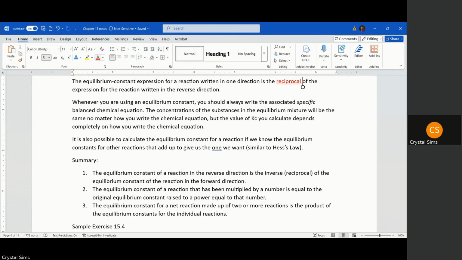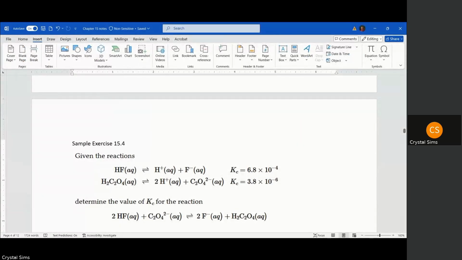So now we can put this together and take a look at sample exercise 15.4, which is on page 640. In sample exercise 15.4, we are given a couple of reactions with their equilibrium constants, and then we are asked to determine the value of the equilibrium constant for a different reaction.